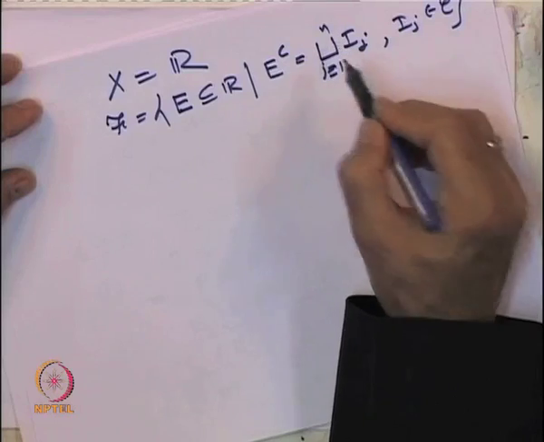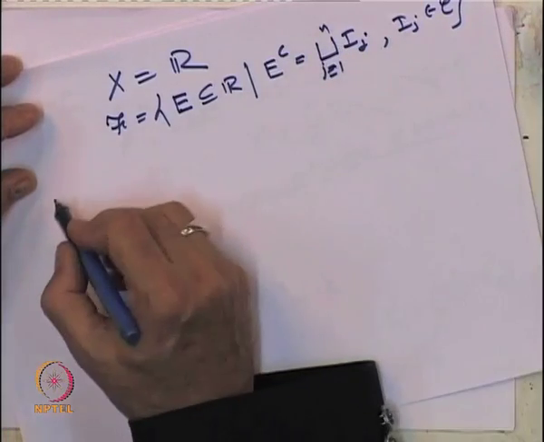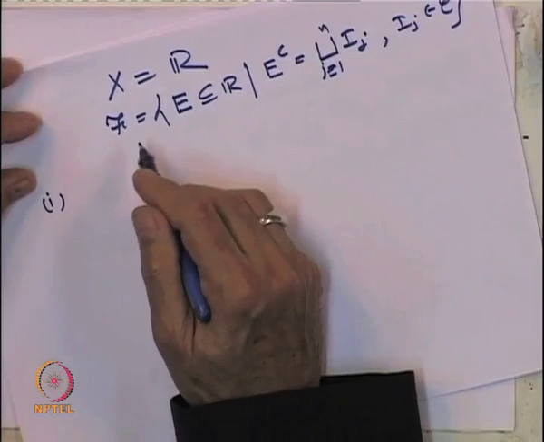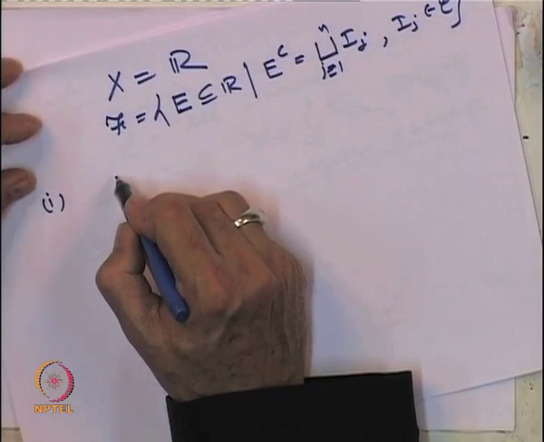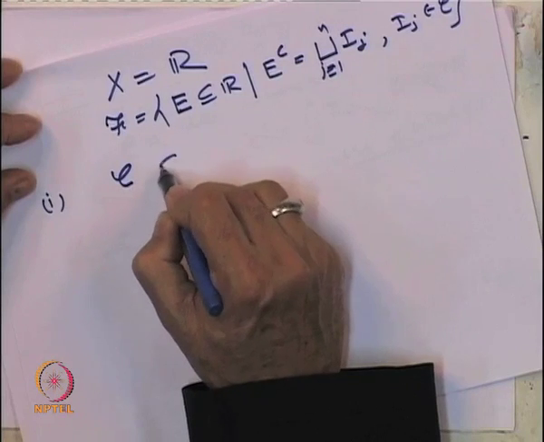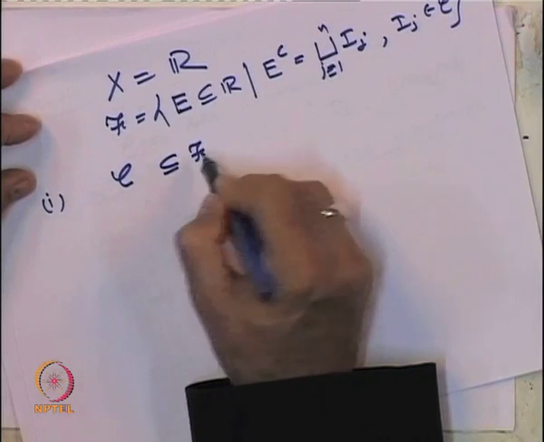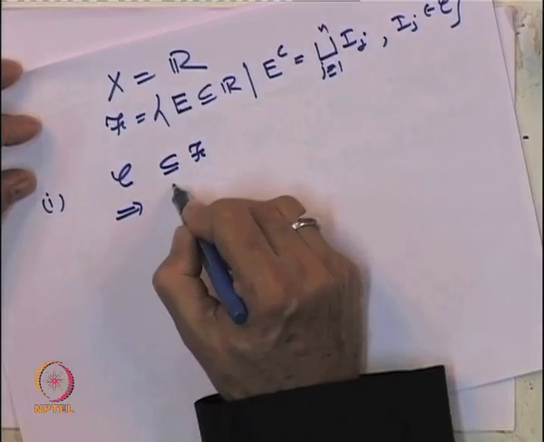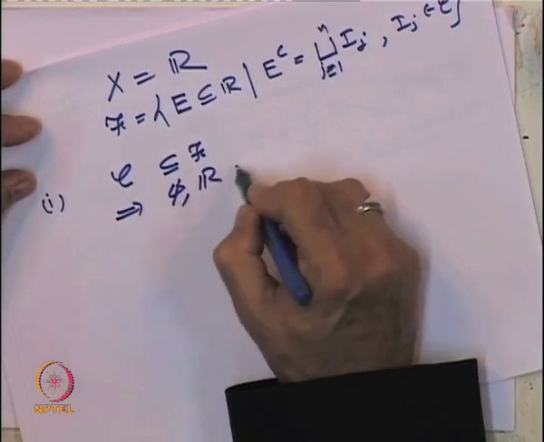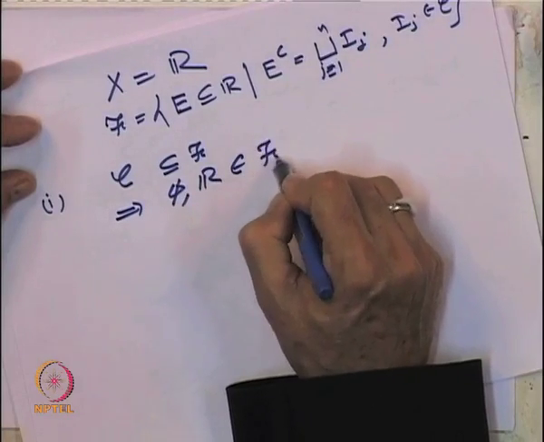That is already indicated by writing this square bracket. So, now let us observe, keeping in mind our previous arguments, that C, the collection of all intervals, is a part of F. So, that implies that the empty set and the whole space are members of F.